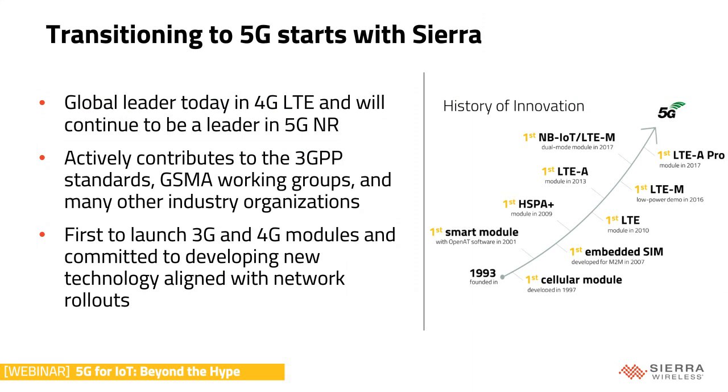Lastly, I just wanted to impart that Sierra Wireless is well positioned to manage your transition to 5G, no matter which path or how that looks. As highlighted on the graph here on the right, Sierra has a long history of being first to new technologies, and we want to continue that tradition into the 5G IoT space. Sierra operates around the world today. We hold leading positions in a number of segments with LTE, like smart metering, energy, networking, PCOEM, automotive, and the list goes on.